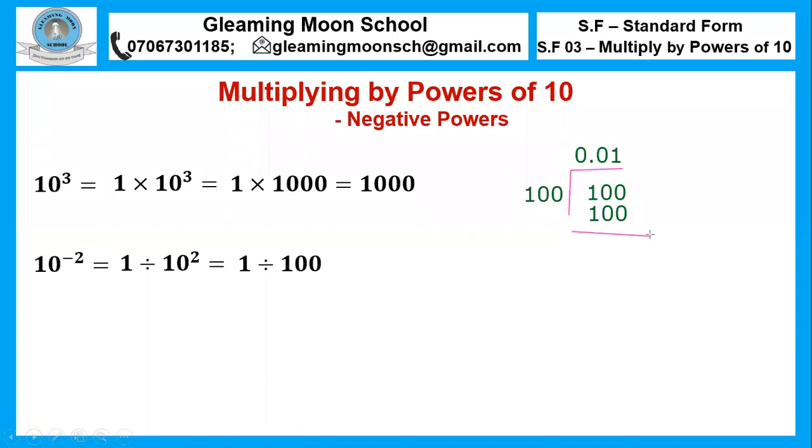You subtract. So 100 minus 100 will give you 0. And that means you have finished. So that makes your answer to 1 divided by 100 equal to 0.01.